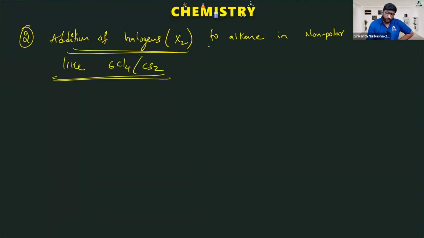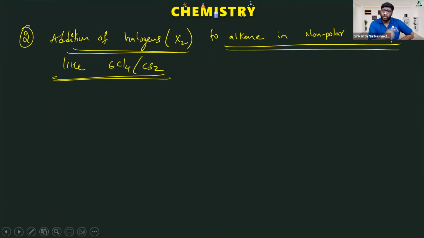Now the electrophile, whatever you are going to generate, possesses a lone pair. Earlier the electrophile H plus ion did not have a lone pair. Now the pi electron density of alkene is going to attack the atom which possesses a lone pair of electrons. How does that go? Let us understand now.